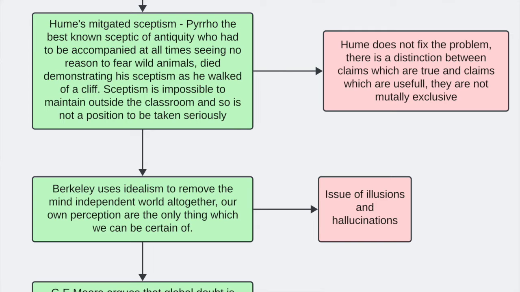Now, the way we can counter this, if you'd like to defend philosophical skepticism, is you say that Hume doesn't actually fix the problem. Because what you can do is distinguish between claims which are true and claims which are useful, and they don't rely on each other. So Hume is right that the claims of philosophical skepticism are useless, but they might still be true.